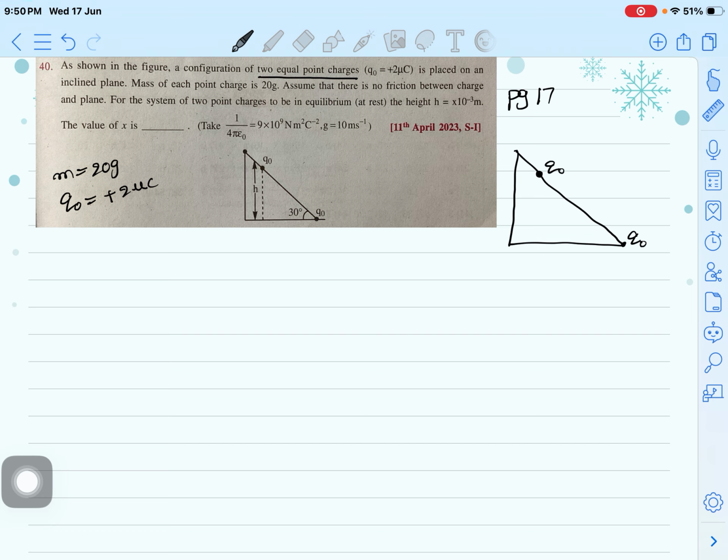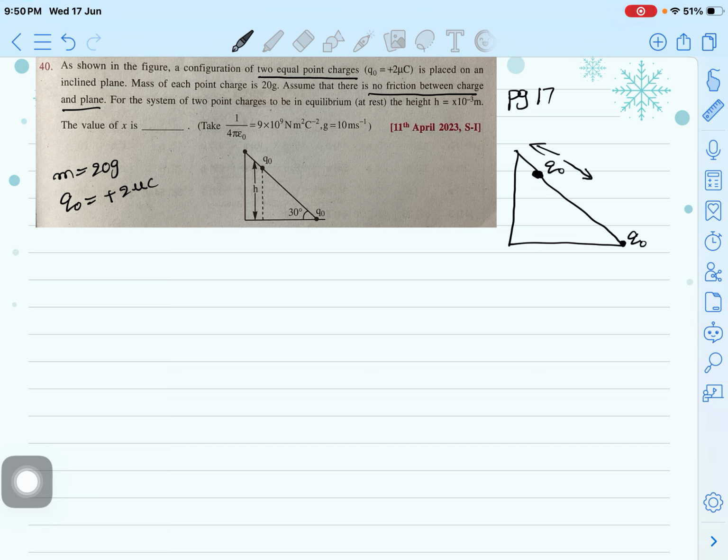Now it is given that there is no friction between the charge and the plane. That means the charges can slide freely on this surface and experience no friction. They said that this system is in equilibrium, which means the upper Q naught and lower Q naught are both at rest.